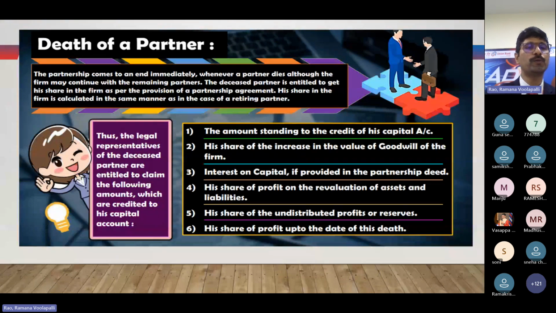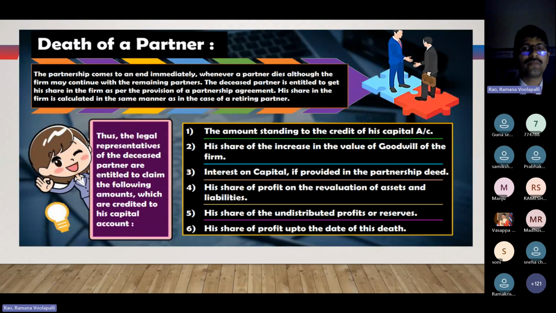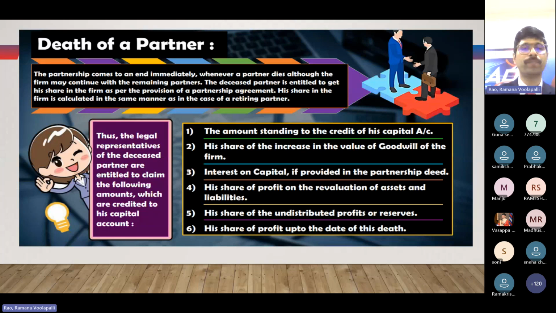Thus, the legal representatives of the deceased partner are entitled to claim the following amounts, which are credited to his capital account: the amount standing to the credit of the deceased partner's capital account, his share of increase in the value of the goodwill of the firm, interest on capital, if provided in the partnership deed, his share of profit on the revaluation of assets and liabilities, his share of undistributed profits or reserves, and his share of profits up to the date of his death.